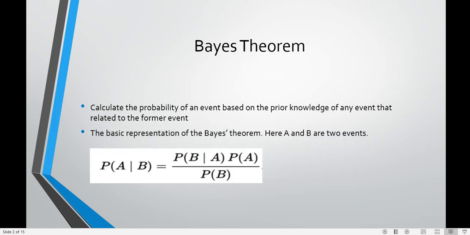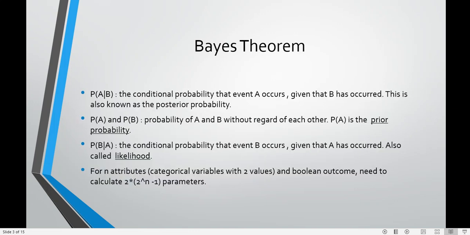If you go back to the equation again, here we are trying to find the posterior probability. The probability of A and the probability of B are the probabilities of the events A and B without regard to each other. This is the individual probability, and the probability of A is the prior probability.